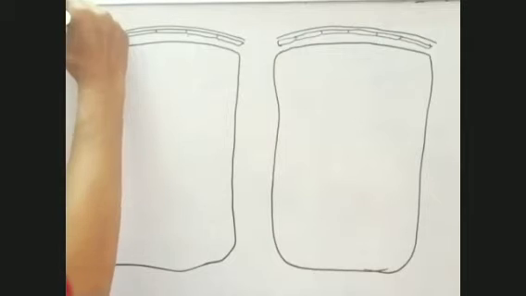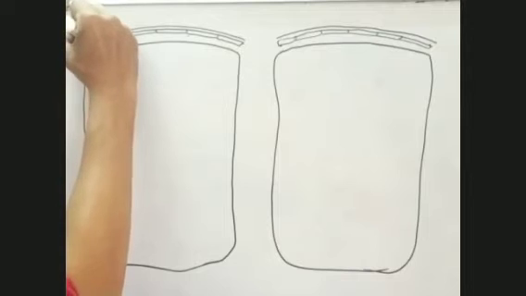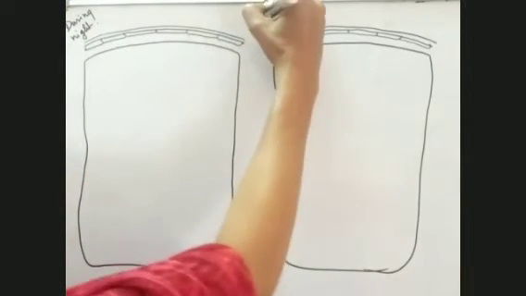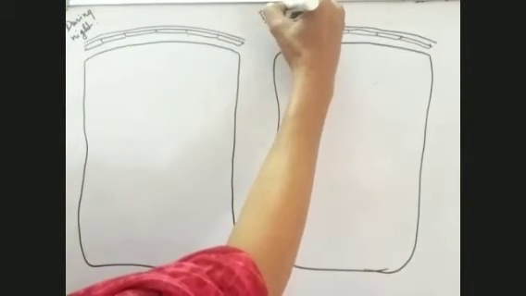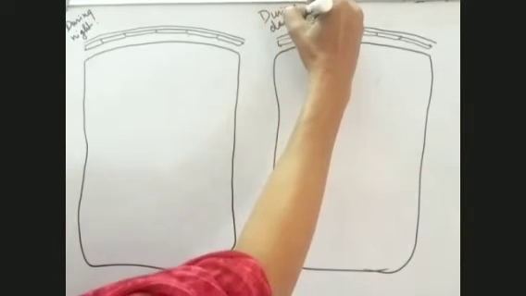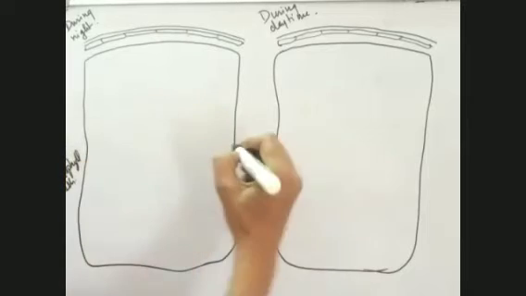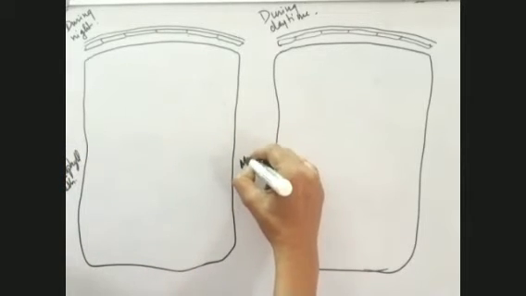So here, how it looks during night, here we will write during night, and here I'm going to write during day, during daytime. Okay, these are mesophyll cells. This is also a mesophyll cell.